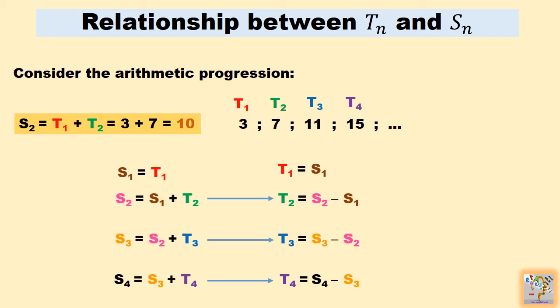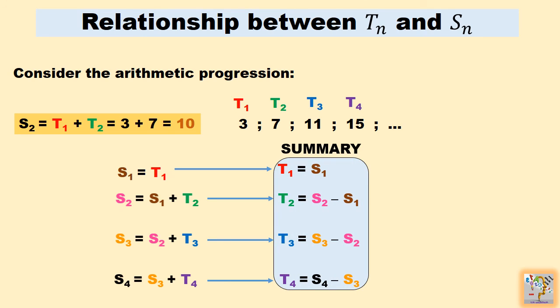So in summary, you can easily say, in an arithmetic sequence, T1 is equals to the sum of one term, T2 is equals to S2 minus S1, T3 is equals to the sum of 3 terms minus the sum of 2 terms, and then T4 is equals to the sum of 4 terms minus the sum of 3 terms.